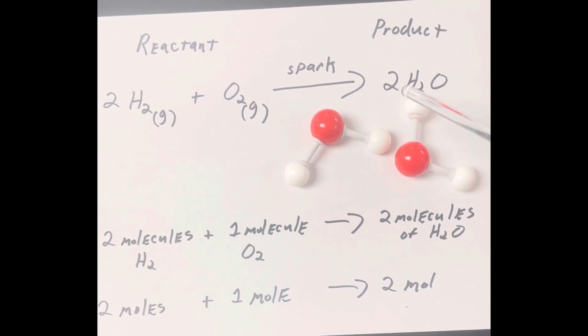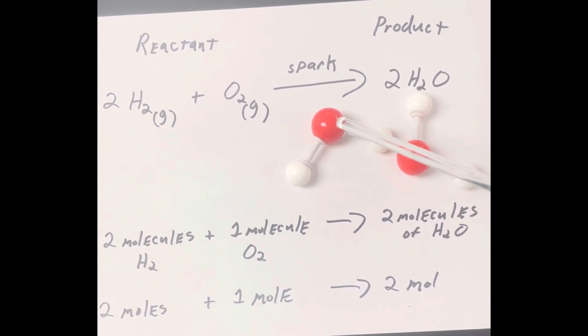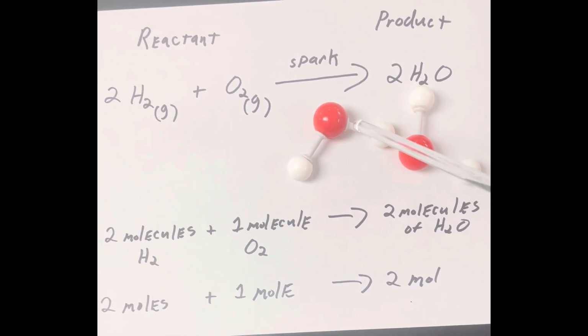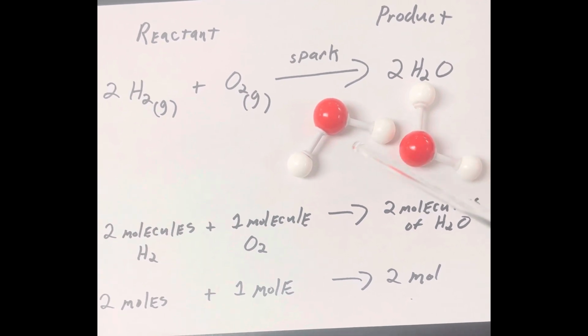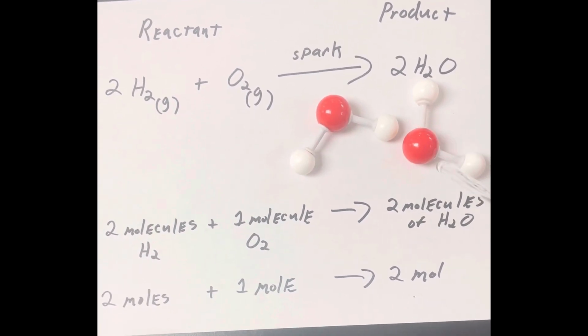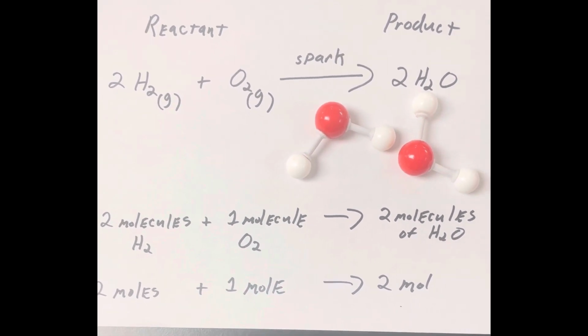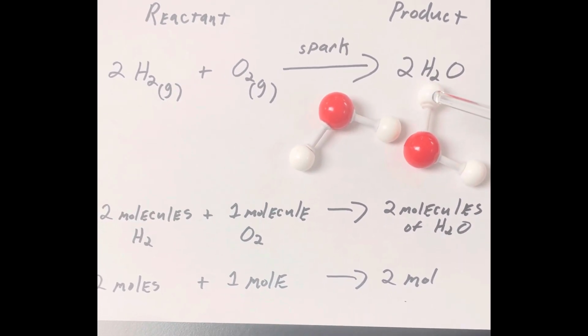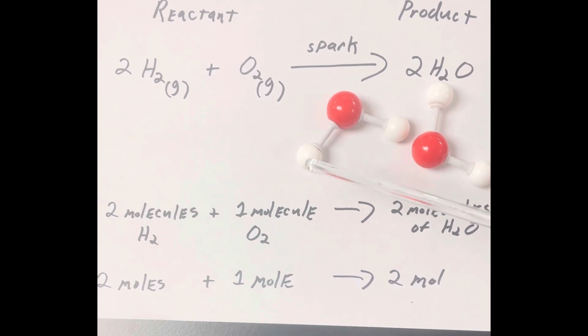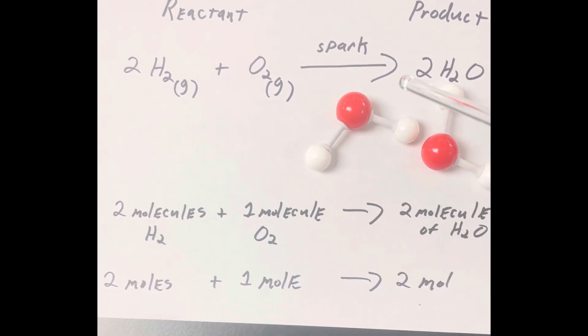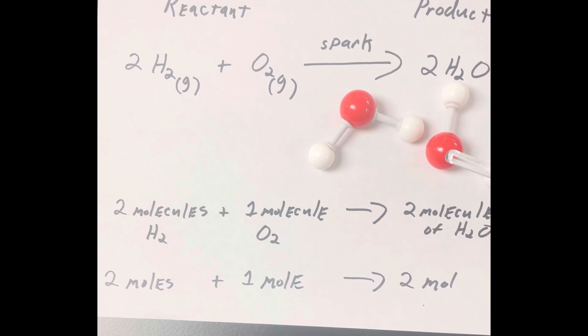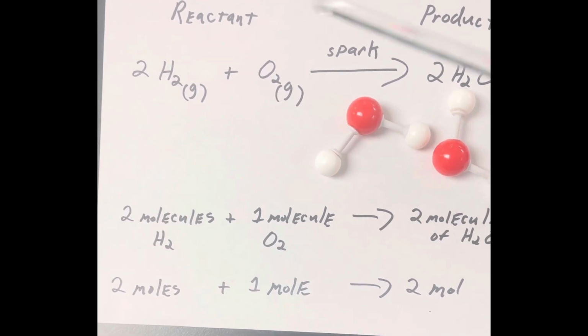And we have now formed new chemical bonds. Now we have the oxygen joining up with the hydrogen, and again, there's the covalent bonds. And notice that matter has been conserved. We still have the same number of hydrogen atoms that we had over here. We still have the same number of oxygen atoms that we had over here.